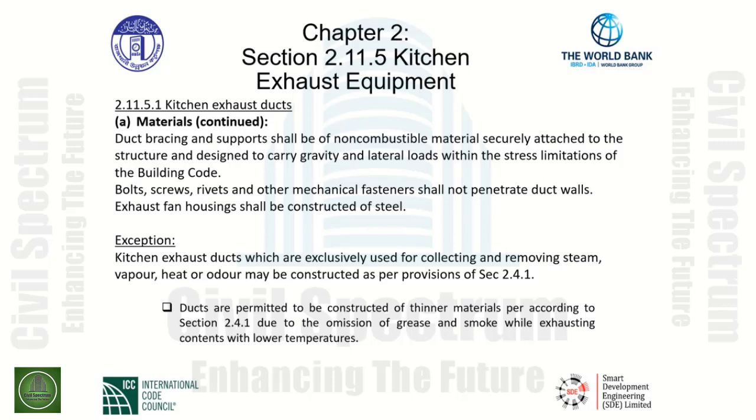The exception to this particular item A is when we have kitchen exhaust ducts which are exclusively used for collecting and removing steam, vapor, heat, or odor, which may be constructed as per the provisions of section 2.4.1. The ducts are permitted to be constructed of thinner materials according to section 2.4.1 due to the omission of grease and smoke, and exhausting contents with lower temperatures.